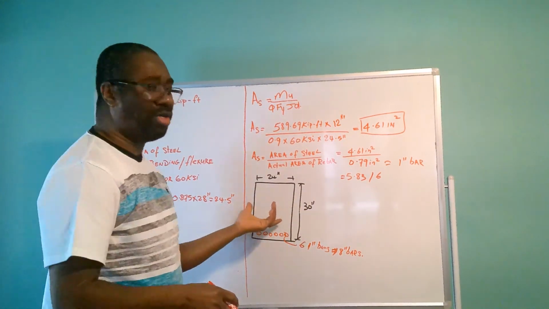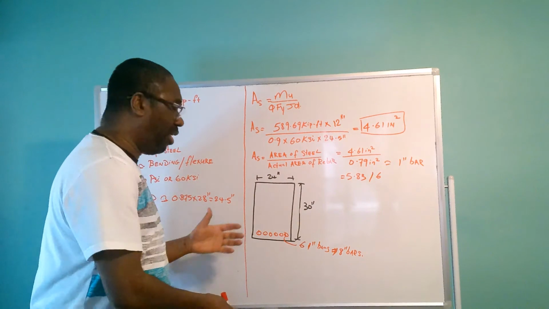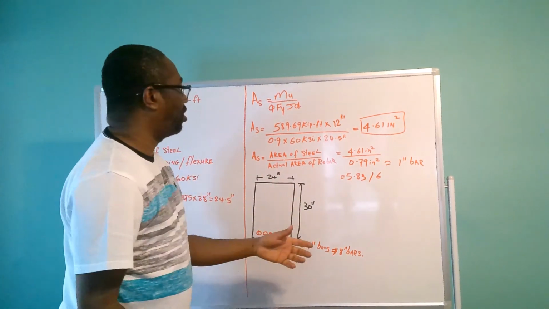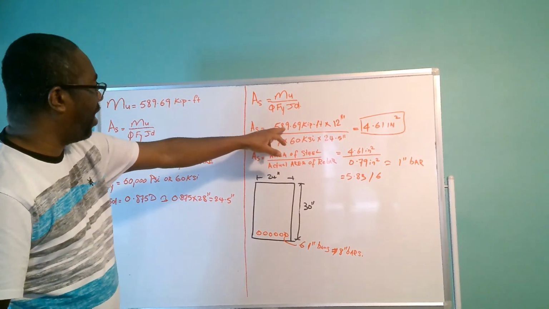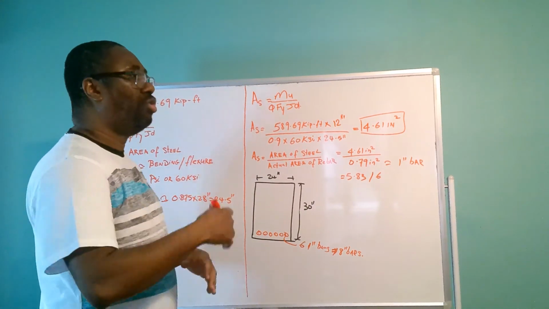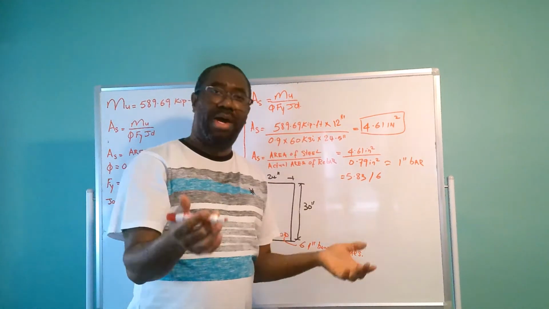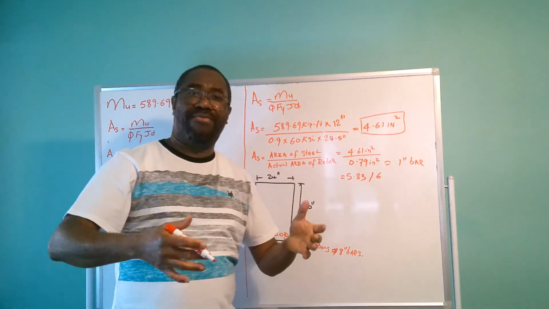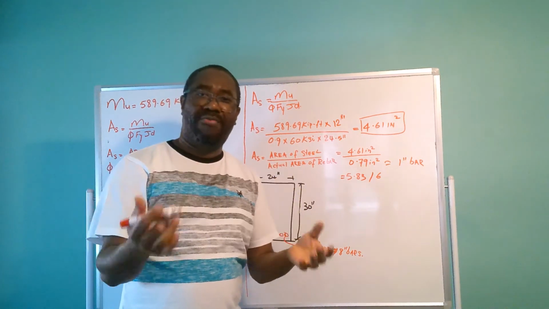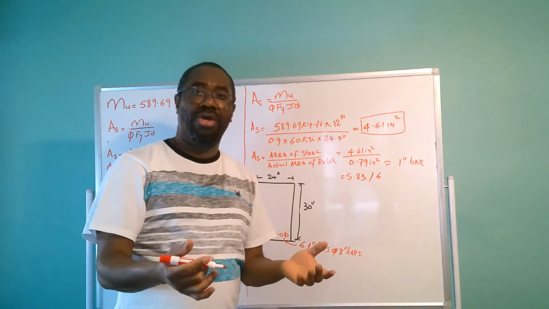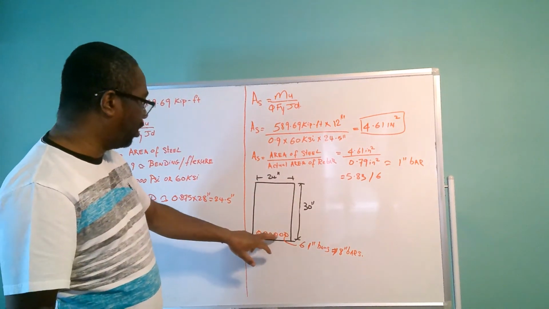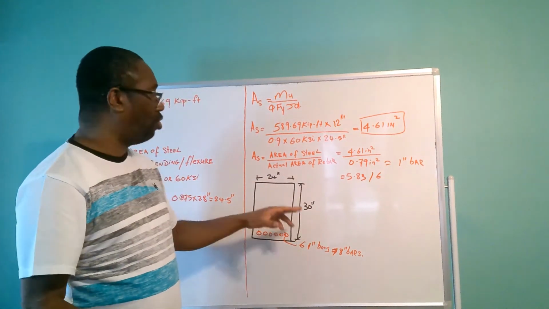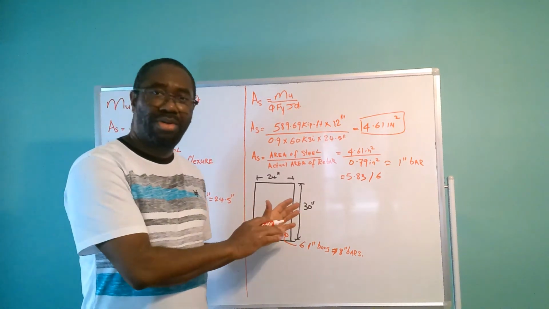So to reinforce this beam to carry the moment of 589.69 due to the 1 kips per foot dead load, and the 2.45 kips for live load plus the self weight of the beam, we are going to use 6 number 8 bars to withstand that load.